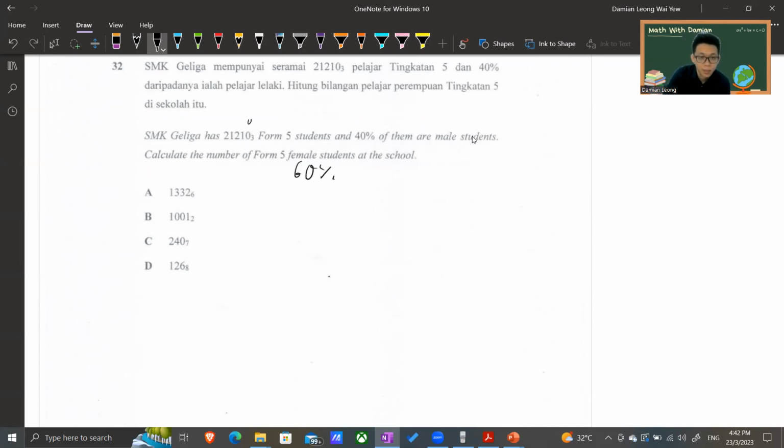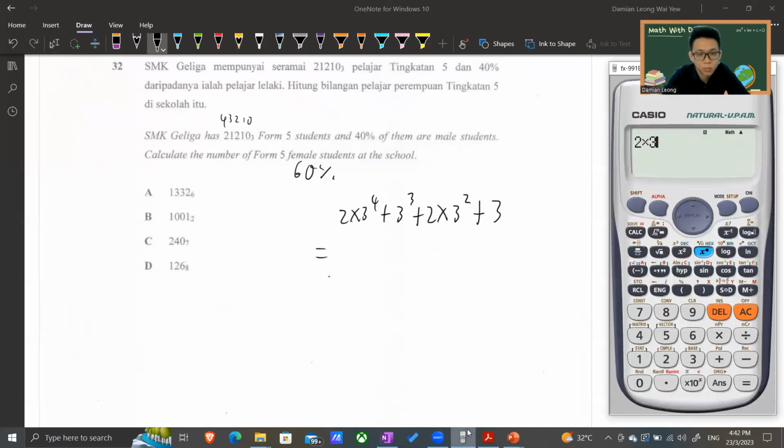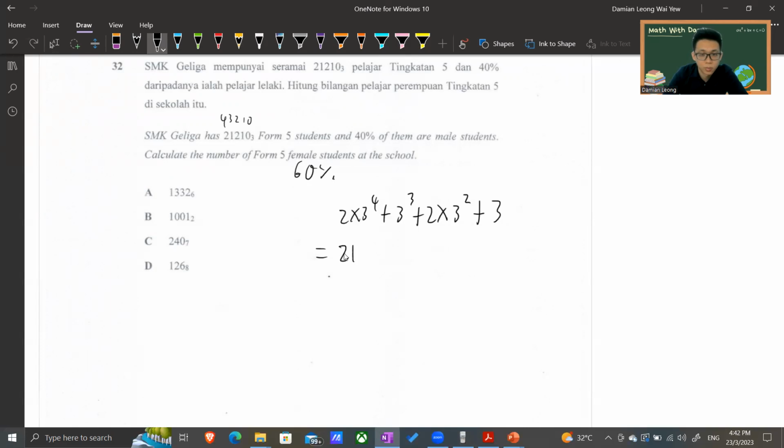Convert this to base 10. Power 0, 1, 2, 3, 4. 2 times 3 to the power 4 plus 3 to the power 3 plus 2 times 3 to the power 2 plus 3. 0, I just skip. So 2 times 3 power 4 plus 3 power 3 plus 2 times 3 square plus 3. 210. Yeah, in base 10.